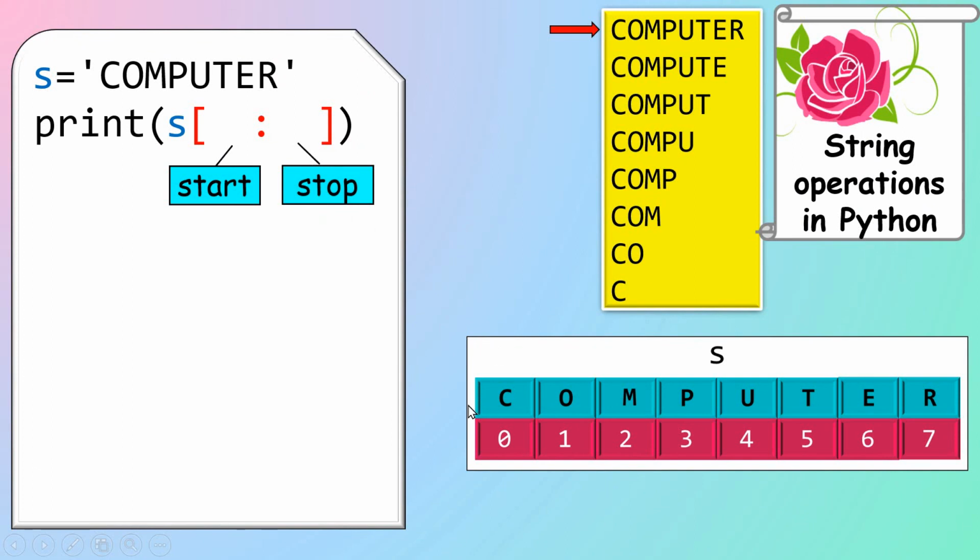So to print the entire string computer, the start index will be 0. So here fill 0. And the stop index here in the array it is 7. But in the slicing operation you have to give as 8. So this print statement will print the first row computer of the given output.